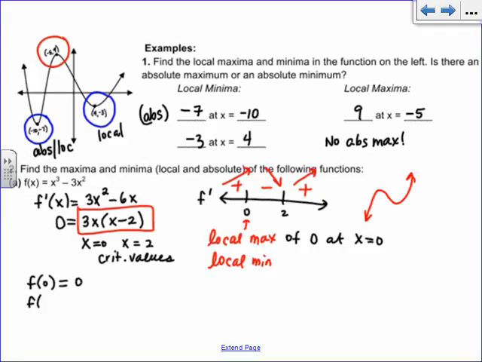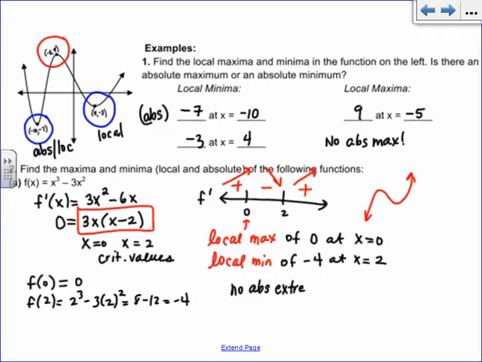So I have f of 2. So 2 cubed minus 3 times 2 squared. 8 minus 12 is -4. So -4 at x equals 2. So you always say y value at x value. Okay, do I have any absolute max or mins? No. Do you guys understand why? Because it's the cubic function. It goes up forever and down forever. So no absolute.